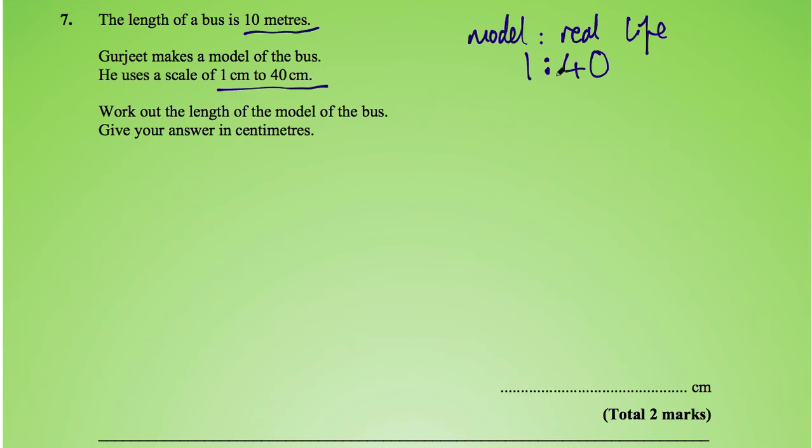10 meters is the same as, times by 100 to turn it into centimeters, 1,000 centimeters. And so I want to use this ratio to go from 40 to 1,000. And if I'm using the ratio, I would want to know what did I multiply by there to move from 40 to 1,000. In order to find that number, I do 1,000 divided by 40.